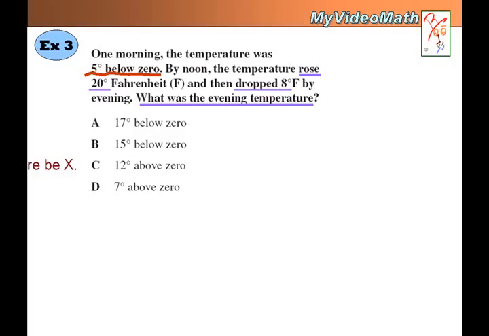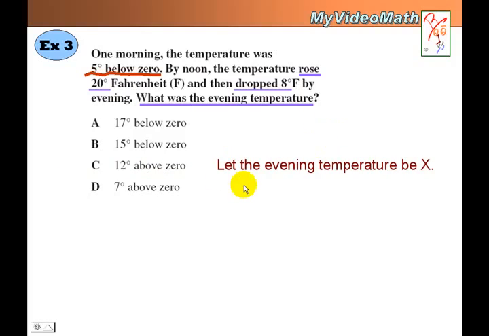Let's see. If I want to use the variable x to represent the evening temperature, the evening temperature started with -5 and then rose 20 degrees and dropped 8 degrees.